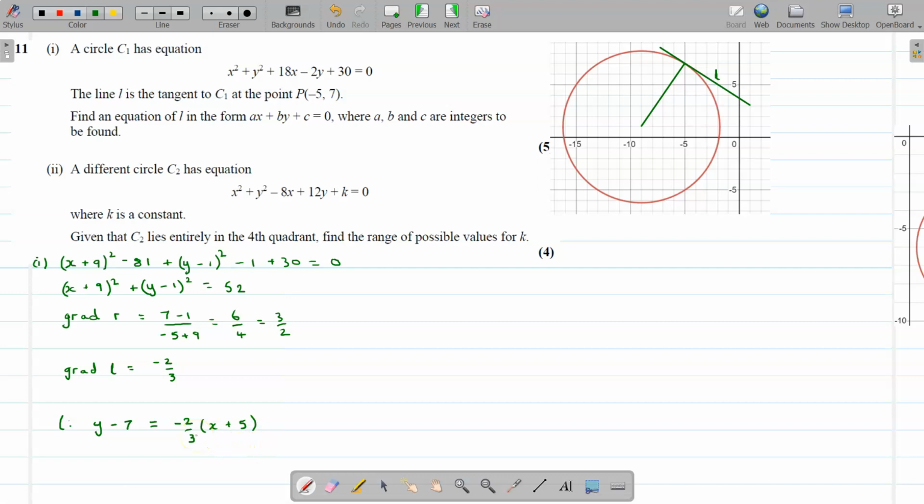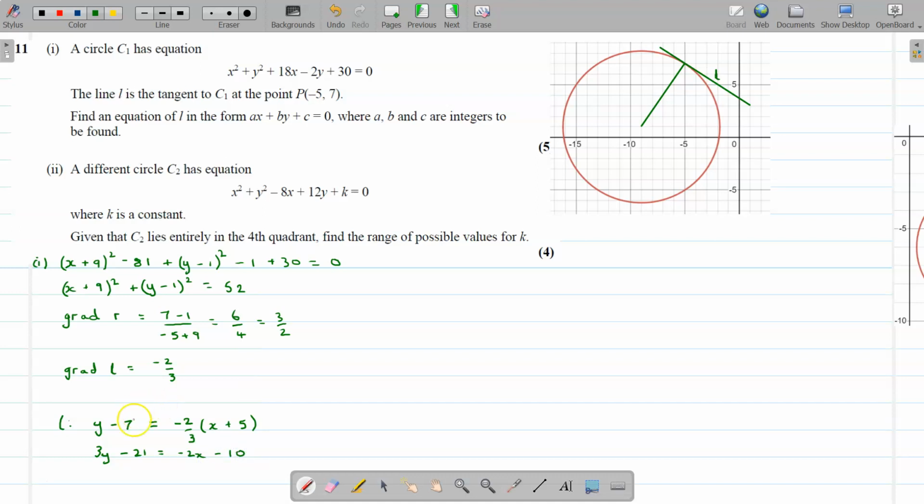If you process that, multiply everything by 3, we get 3y minus 21 equals -2x plus minus 10.